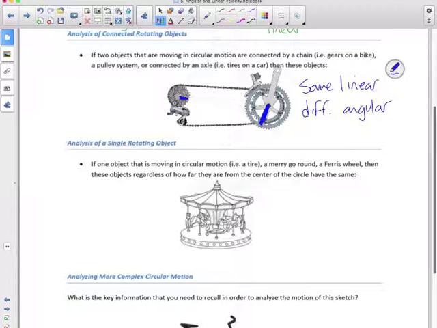So the linear speed of this circle is the same as the linear speed of this circle, and actually this little tiny one right here and this little tiny one right there, if there is one, I don't actually know. They all have the same linear speed, but they're all rotating at different speeds, okay? Because this one over here, the smaller one, it needs to be rotating faster than this one, because this has to go around more times than this one for it to travel the same amount of distance.